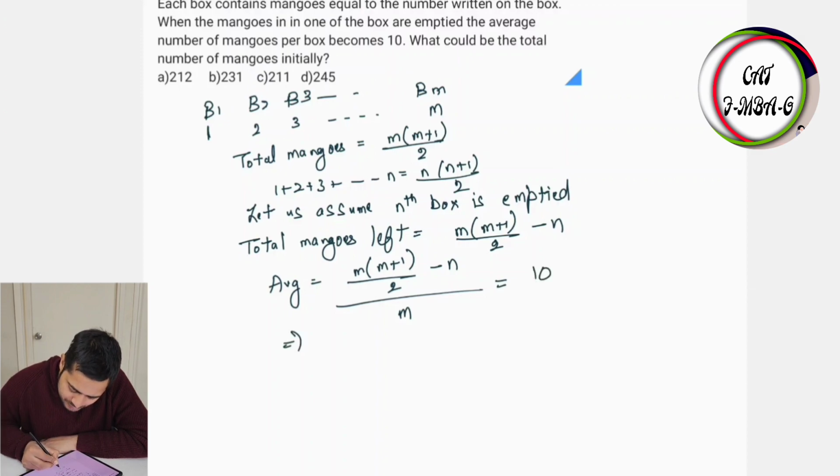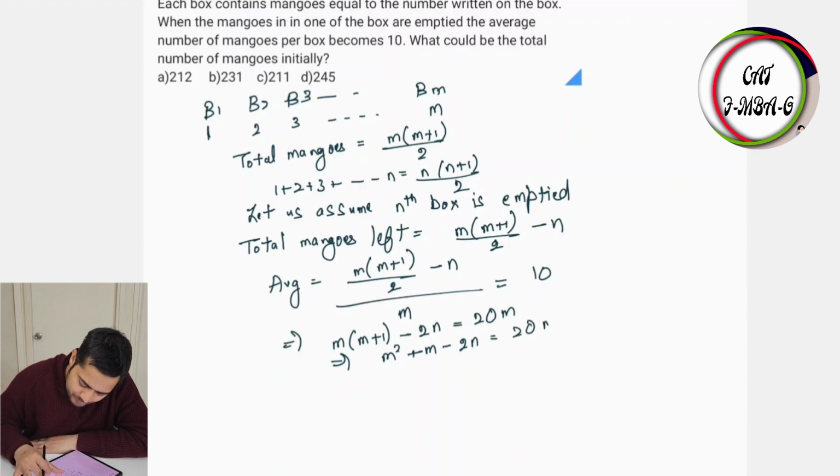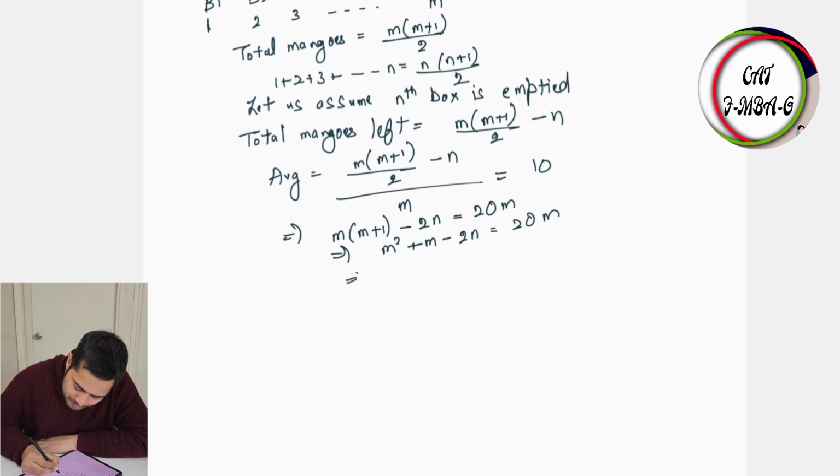That implies m into m plus 1 minus 2n is equal to 20m. That implies m square plus m minus 2n is equal to 20m. That implies m square minus 19m is equal to 2n. That implies m into m minus 19 is equal to 2n.